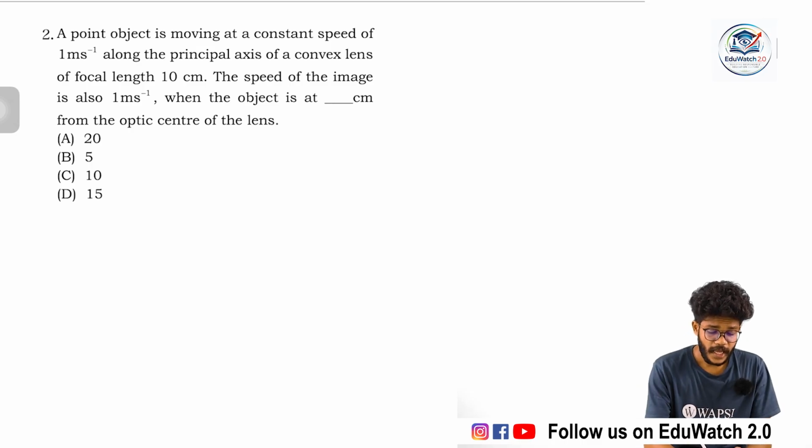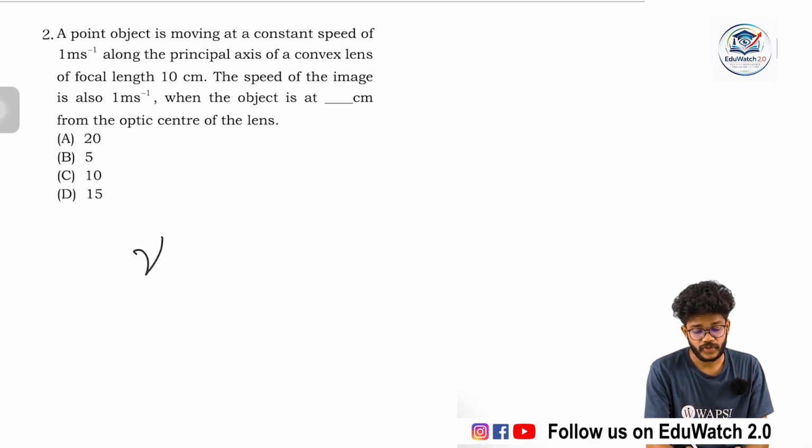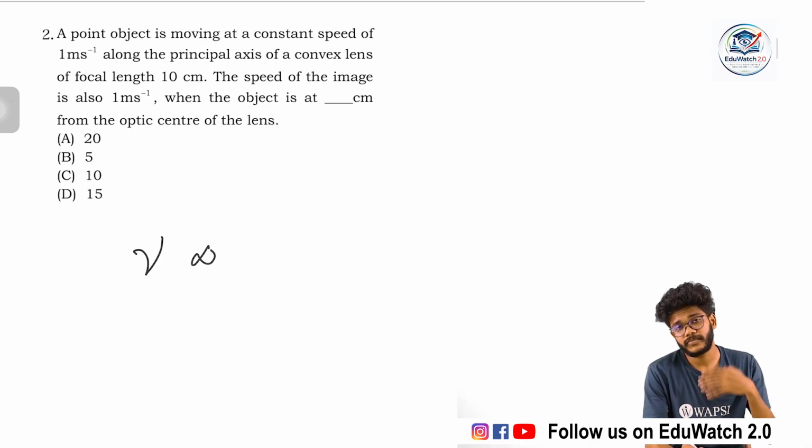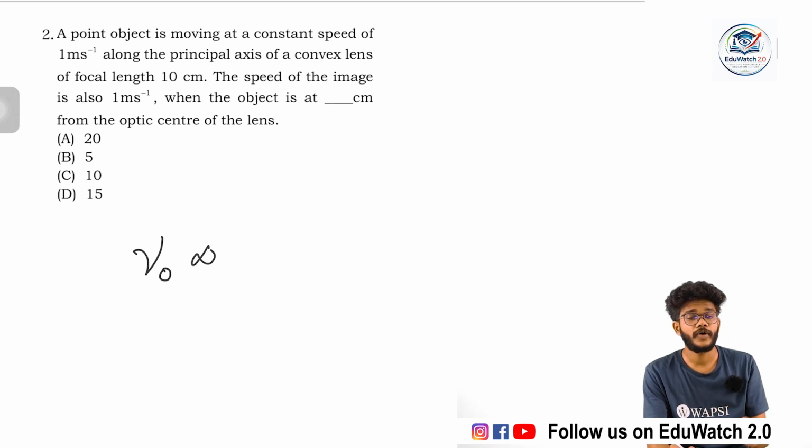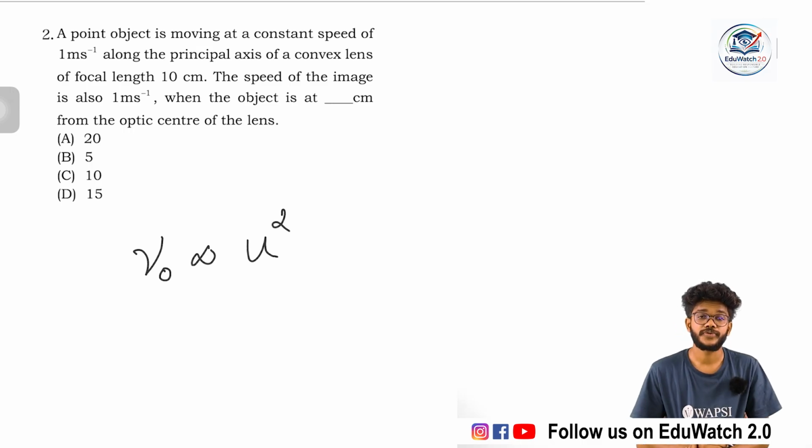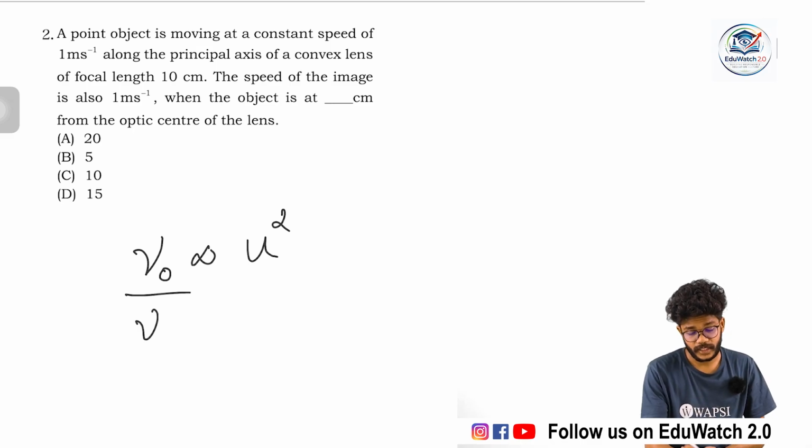Velocity is proportional to u squared, where u is the distance of the object. The velocity of the image is proportional to v squared.